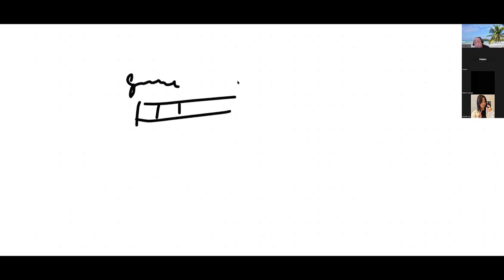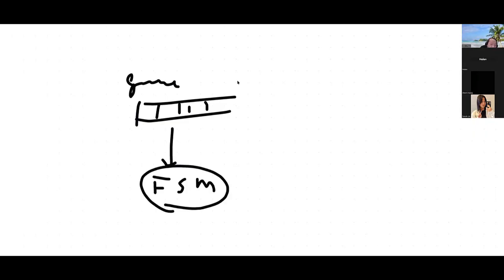The queue is used when we need first in, first out. When we initially do the tokenization, making sure that the input is tokenized, we feed that into some sort of finite state machine. The finite state machine is not a data structure, it's a program structure, so we introduced the first program structure there.